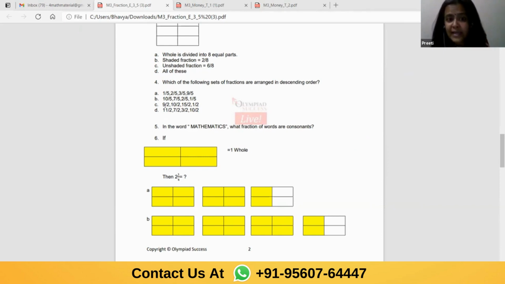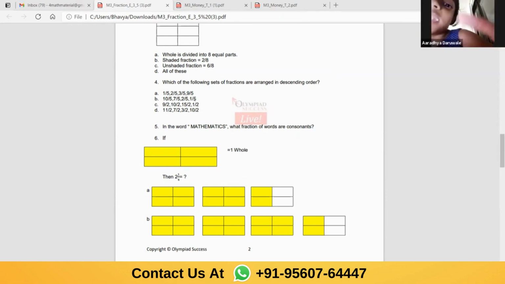Descending means big to small. So I can see it is in B part. 10, then 7, then 2, then 1. In the like fractions, Aradhya, don't look at denominator, only look at numerator. And numerator should be in descending order. So only in option B, numerators are in descending order. So that's my answer. In all other options, there is some gadbad here or there.